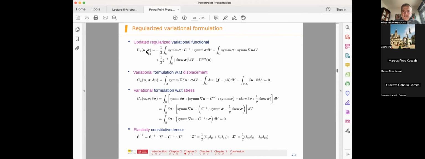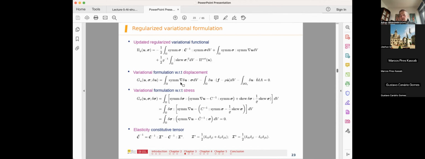So this is expressed as 1/2 symmetric sigma dot C minus 1, C being a constitutive tensor, times symmetric sigma, plus symmetric sigma dot the symmetric part of the displacement gradient. And here is this 1/2 times the regularization parameter gamma, typically the shear modulus, times the skew symmetric sigma dot skew symmetric sigma, and minus external forces. So then I can take my variational formulation with respect to displacement.